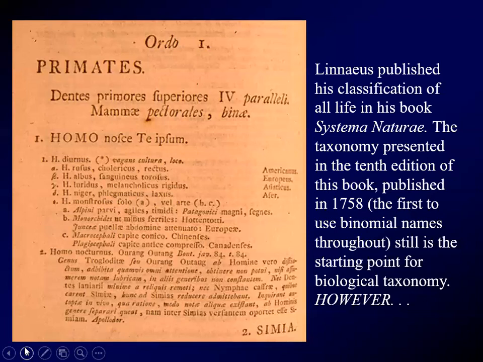Bos taurus for the domestic cow, Homo sapiens for us, Canis familiaris for the domestic dog. Most of the very familiar domestic animals still retain names that were given by Linnaeus. Of course, we've found a lot more species since then.